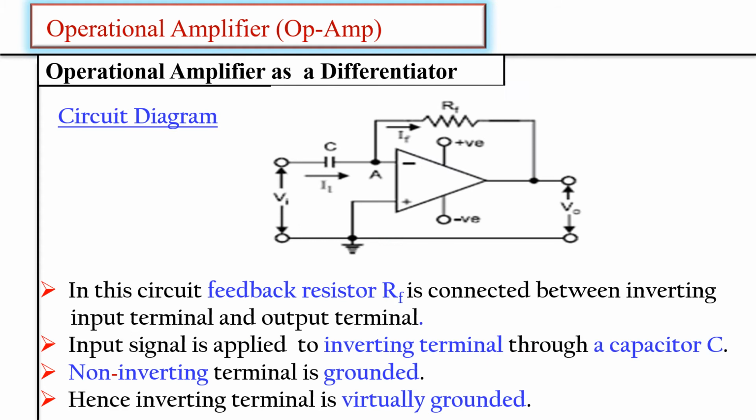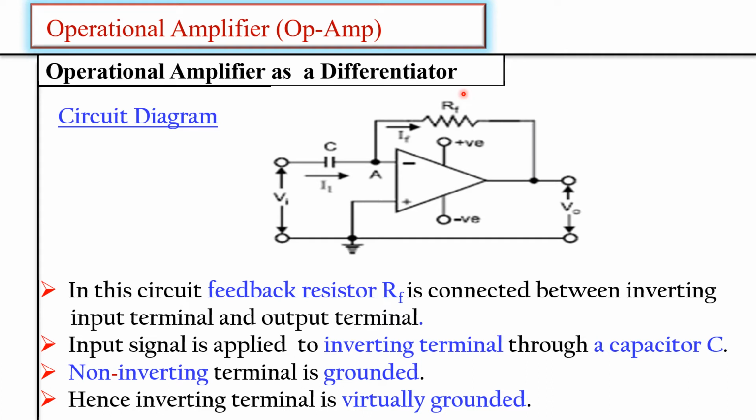So in this video we will see how to use an op-amp as a differentiator. Do not get confused between the differential amplifier and the differentiator. A differential amplifier amplifies the difference between the two input signals, while in a differentiator the output will be the differentiation of the input signal.